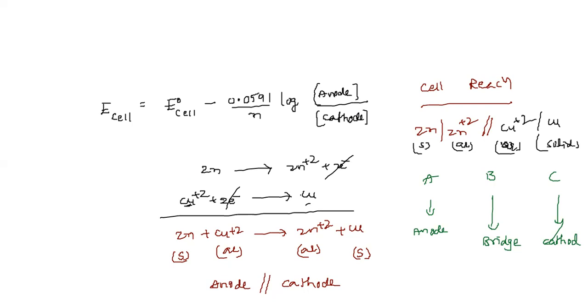Then whenever they give the concentration, it is anodic concentration by cathodic concentration. So here we write the Nernst equation.